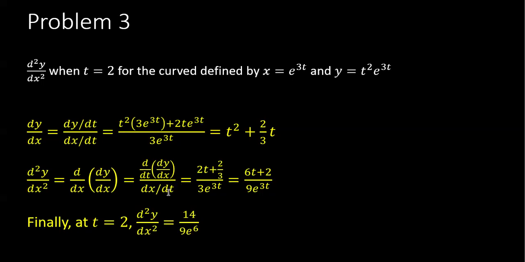So we do the same thing here. Derivative with respect to t of this guy is just 2t plus 2/3. And then we need derivative of x with respect to t again, which is 3e to 3t. So this is our second derivative in terms of t. Now we want it when t is equal to 2, so plug in t as 2, you should get 14 over 9e to the 6th power.